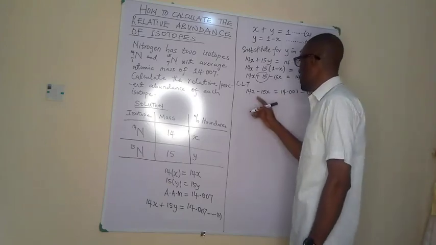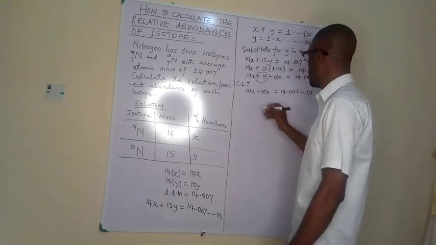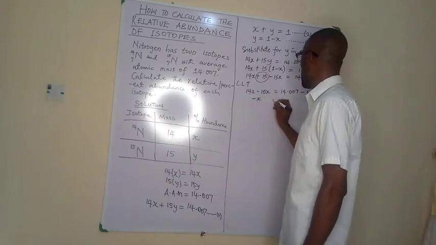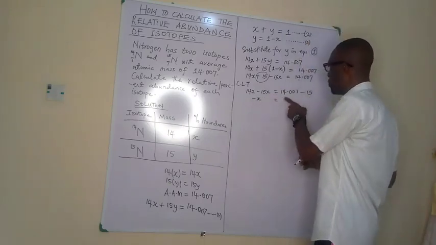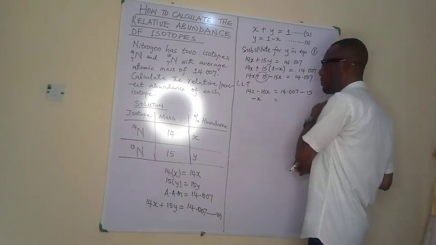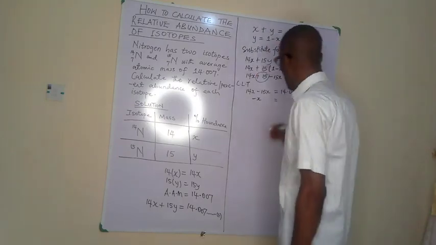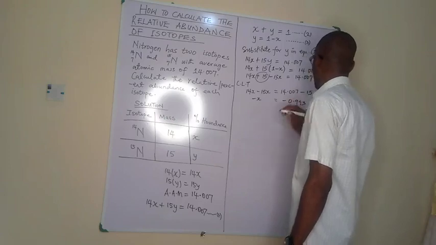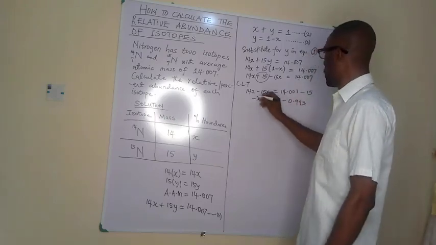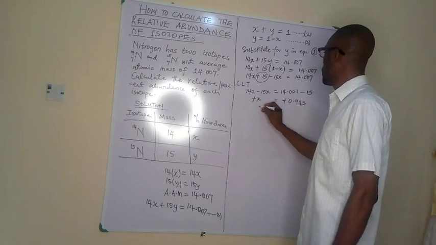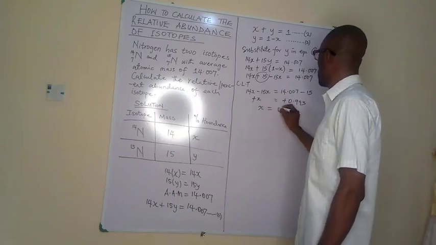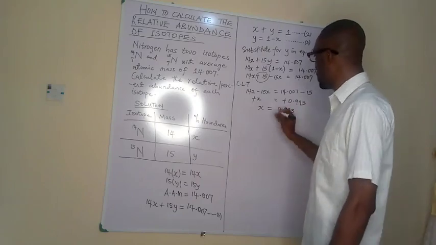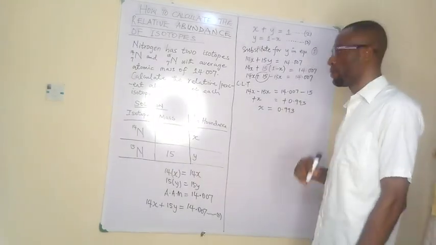When we do that, the difference between 14x and 15x is minus x, equal to the difference between 14.007 and 15, which is minus 0.993. So minus cancels minus, we find that x is equal to 0.993. We hold our hands on this for now.